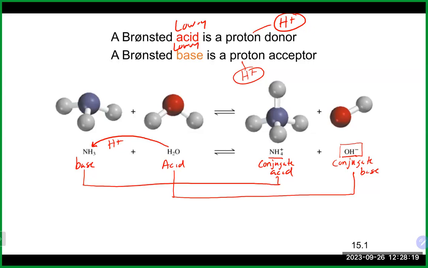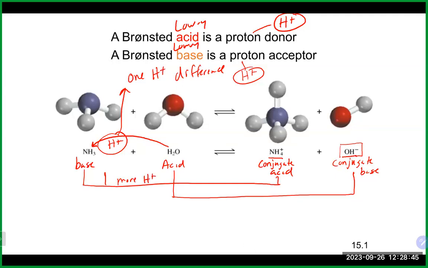Now, the only difference between an acid and its conjugate base partner, or a base and its conjugate acid partner, is this guy right here. It is the only thing that can be different. It is one H plus difference. So when we go from the base to the acid, it has one more H plus than it started with.